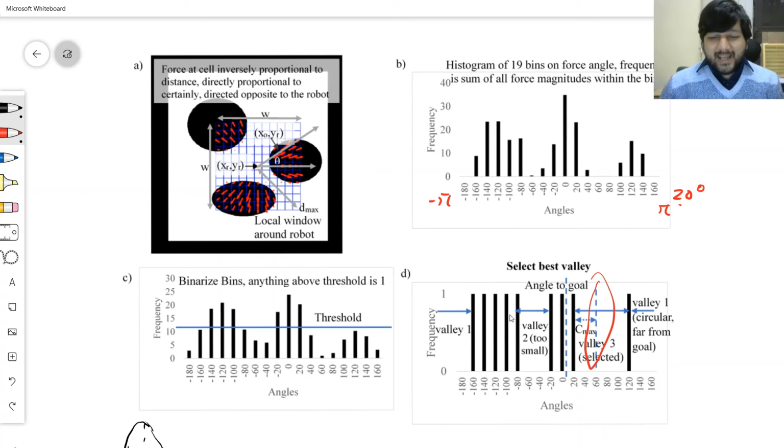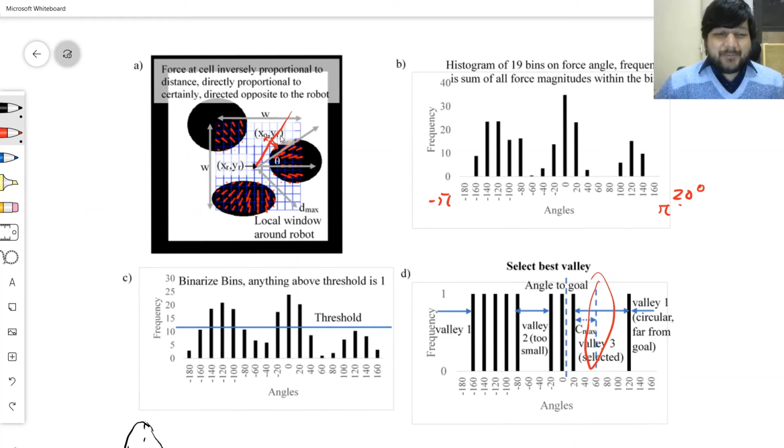So I'll go at approximately 60 degrees, which is this angle, and it appears to be correct. There is reasonable distance from the obstacle. Of course, I can only decide in multiples of 20 because of this binarization.